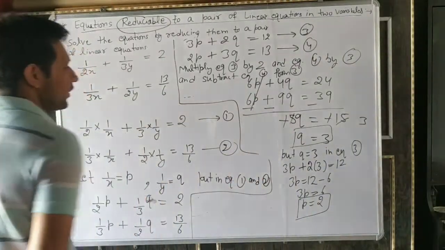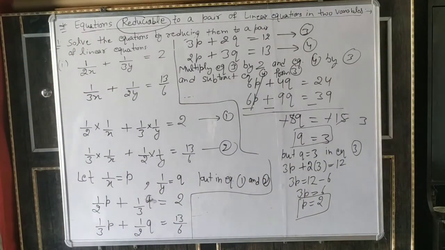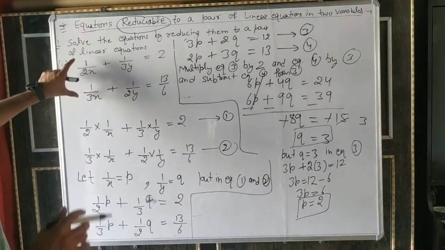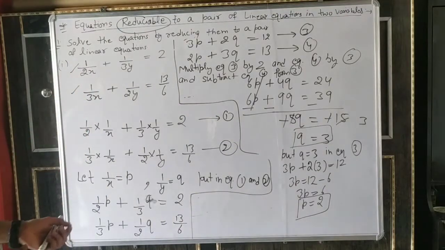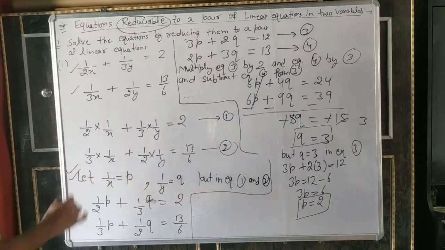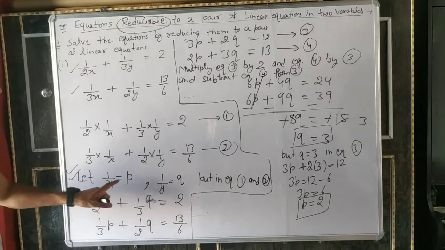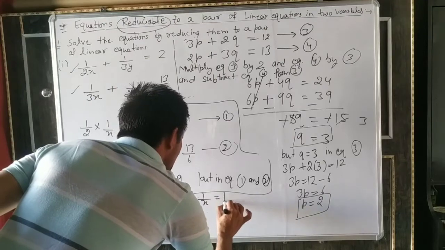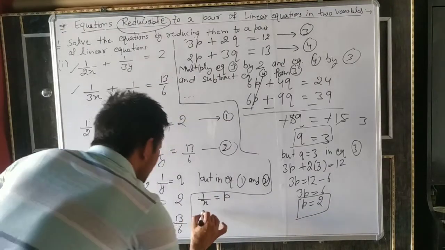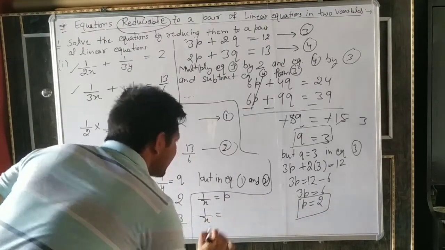But dear, we want to find what value? X and y, because we want to solve these two equations. So we have to find the value of x and y. Now we will use this one. We consider 1 by x equal to p. So we write 1 upon x, and what is p?